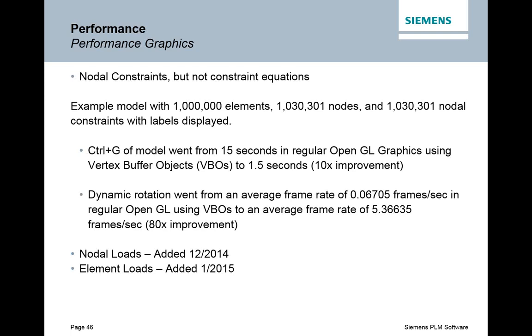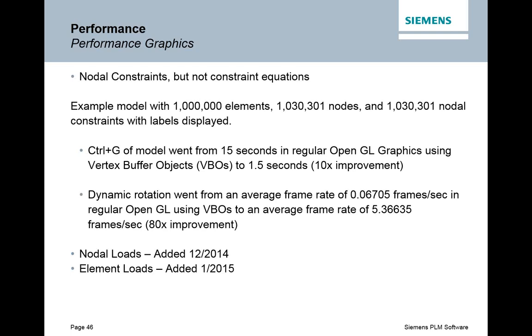So here's a great example of why you should be using performance graphics. They had a benchmark model with about 1 million elements in it, and just redrawing the complete model went from 15 seconds to 1.5 seconds, so a really nice improvement there. Dynamic rotation gets like an 80x performance improvement in the frames per second rendered by Femap with performance graphics turned on.